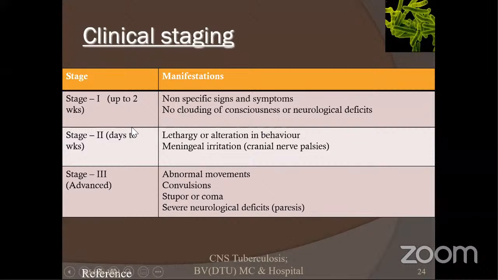Stage 2 is days to weeks, lethargy or alteration in behavior, meningeal irritation, sometimes cranial nerve palsies may be there. In stage 3, abnormal movements, convulsion, stupor or coma, and severe neurological deficits. This is stage 3 of tubercular meningitis.